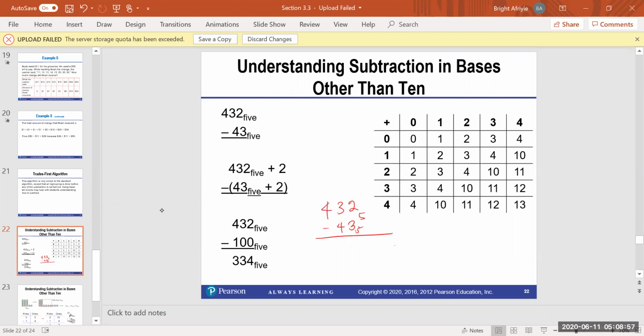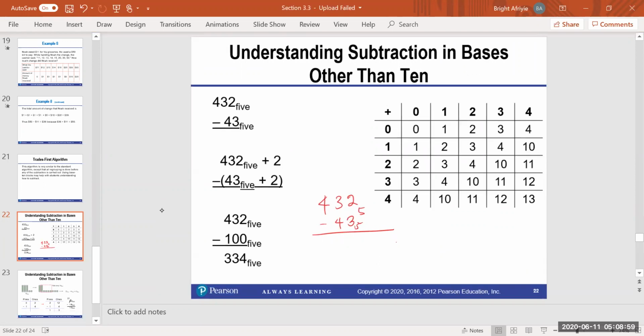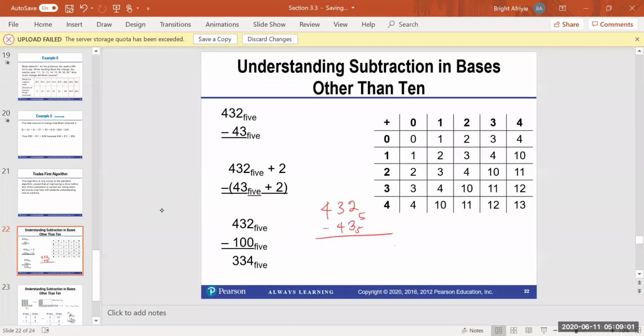Now, we are subtracting in base 5. So 2 minus 3. Because we cannot do that, we have to borrow from here, right? Any number you borrow is 5 because you are subtracting in base 5.